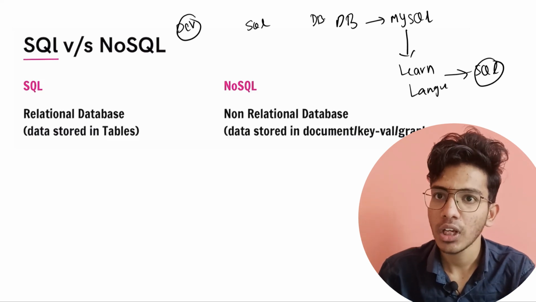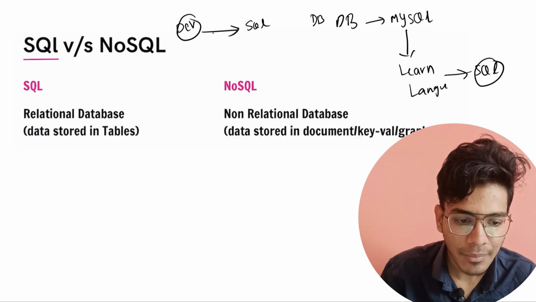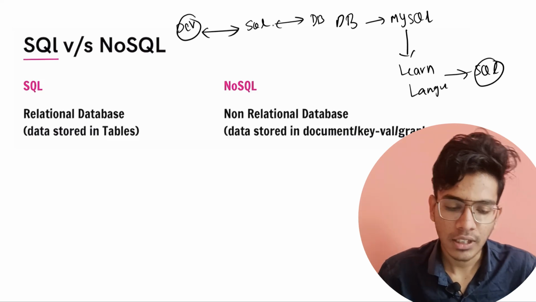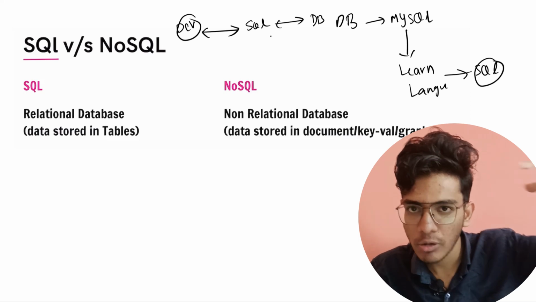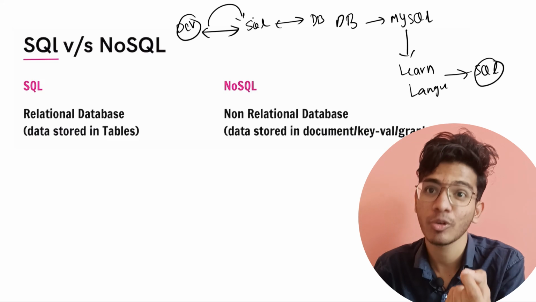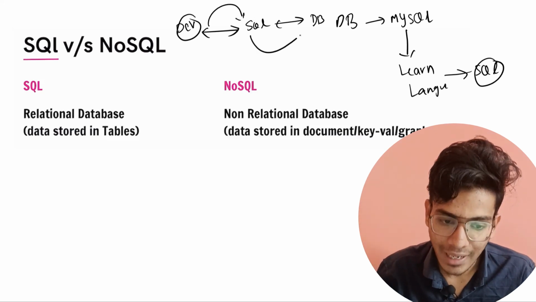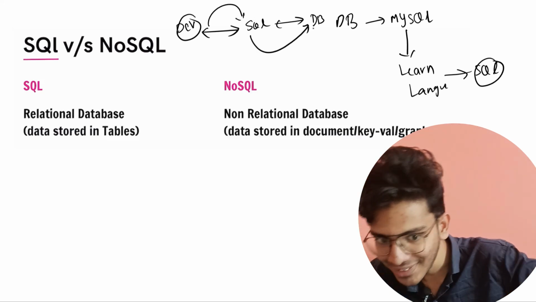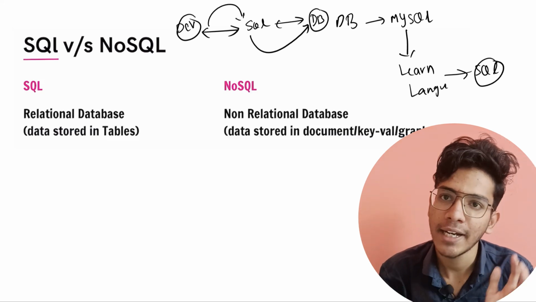SQL will act as an intermediary, right? So you will give commands from your development side to SQL. SQL will understand whatever operations you want to perform on the database, so it will pass those operations to the database, and the database will update accordingly.